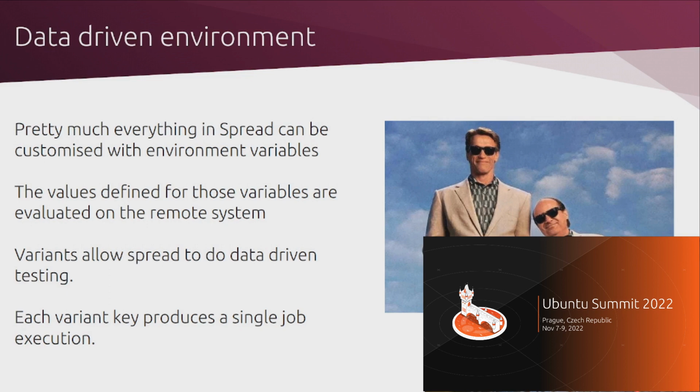Same input but different flows. That's the idea of data-driven testing. So you can define different environment variables to reuse the same test, but have a different behavior. So if you have some tests that are very repetitive, you can just use that approach, which in Spread is called variants, to reuse the same test.